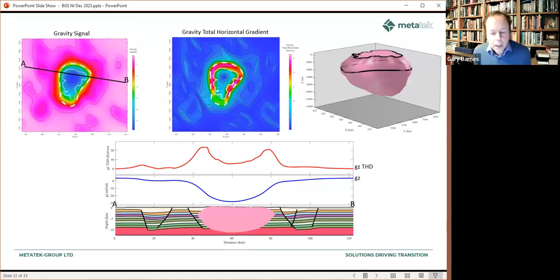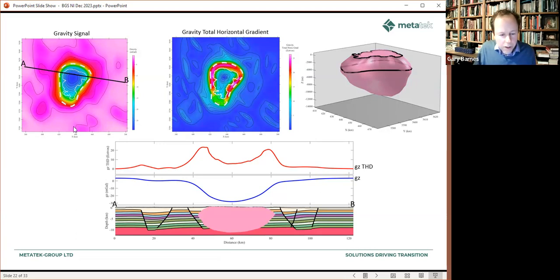Doing those forward calculations from this three-dimensional model gives you an idea of what to expect from a gravity survey. Now, this could be a land survey, an airborne survey, or a gradiometric survey. But this is what the gravity signature of that granitic pluton will look like.